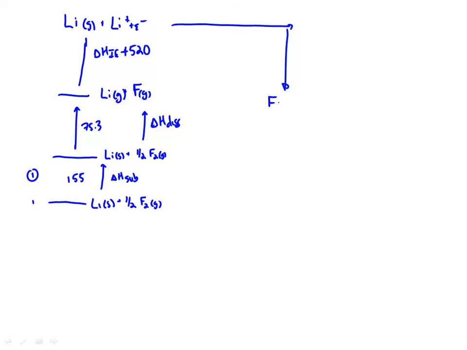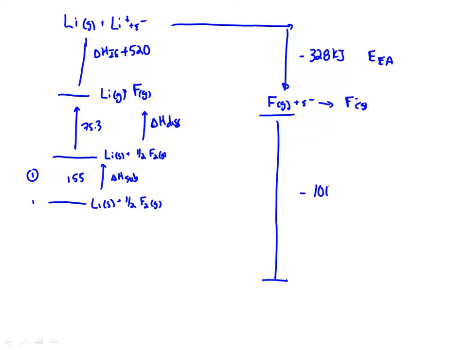I'm going to have fluorine gas plus an electron go to fluorine minus gas. That was the minus 328 kilojoules. That's my electron affinity. And then I had a big drop all the way down here. That's minus 1017 kilojoules per mole. And that was my delta H for my lattice.